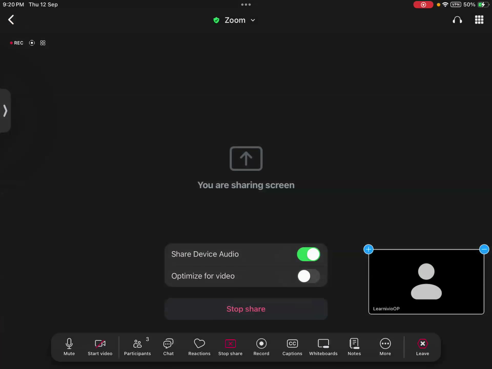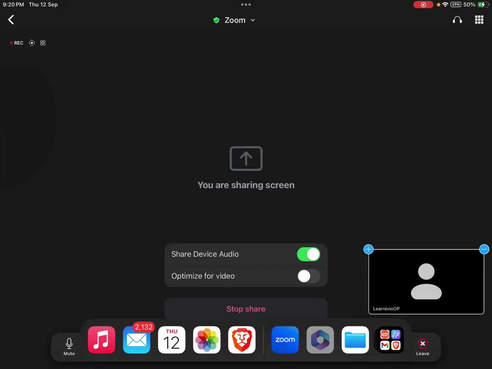Yes, sir. Okay. So when the distance is decreased, the shadow size will increase. Shadow increases in size.